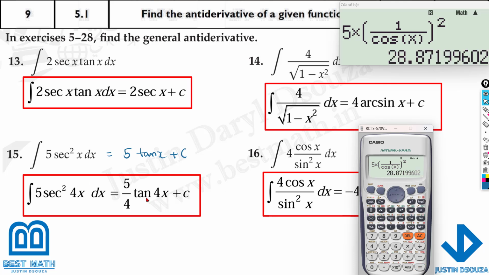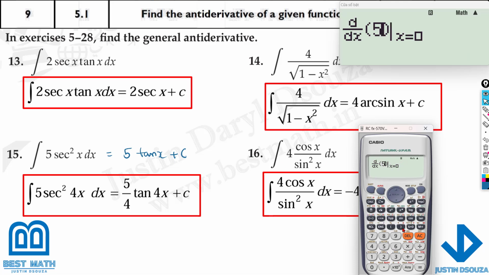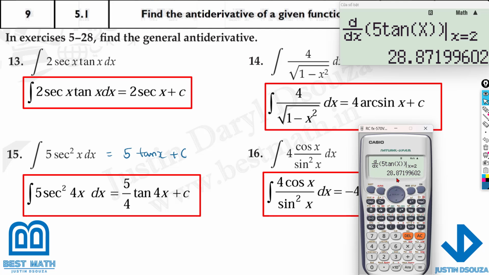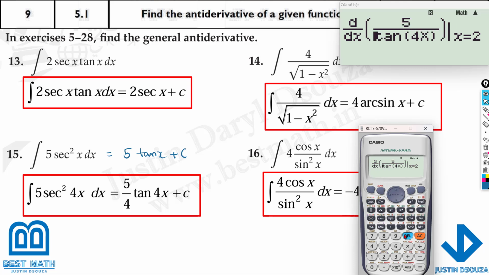Now, how would we derive it? Derivation is this answer, right? Shift dy by dx. Let's do phi tan x, that's it, plus c is a constant, you don't use it, x is 2, it's 28.87 itself. Now what about this one here? Let me first do the answer because I've already written it out over here. Tan 4x, and over here we have phi divided by, okay, I shouldn't have done that, it's phi by 4. So let me do it like this: phi by 4 multiplied by tan x.